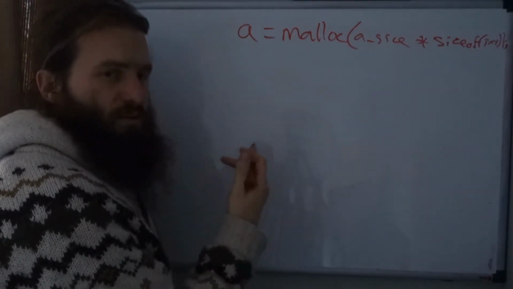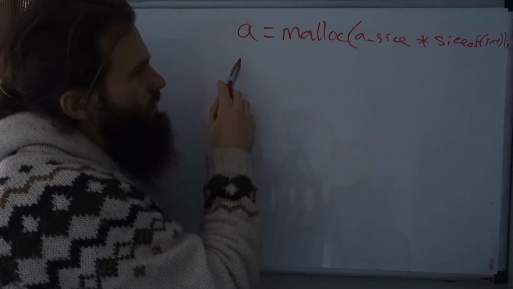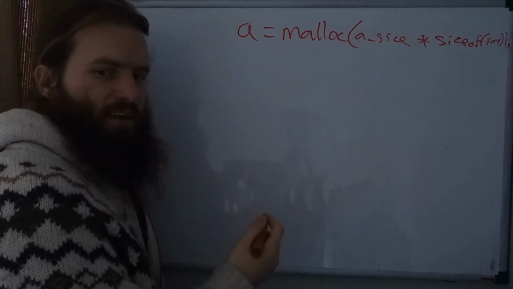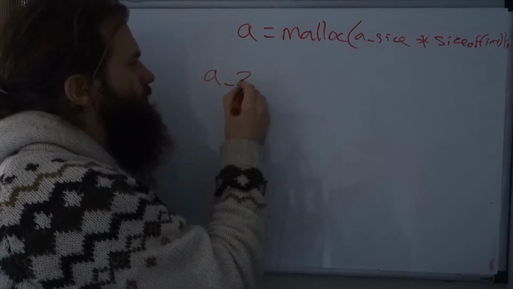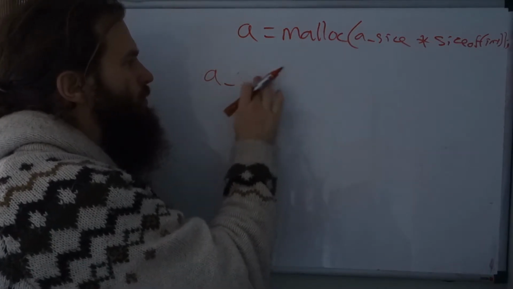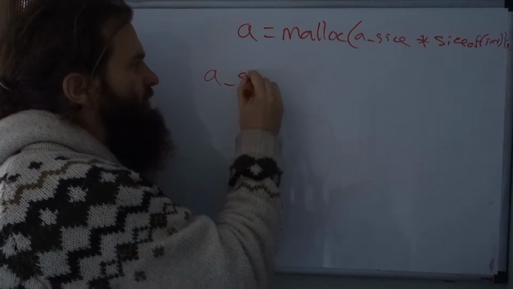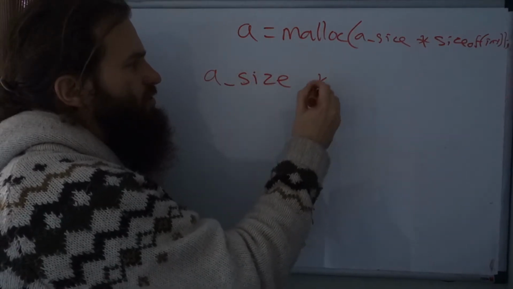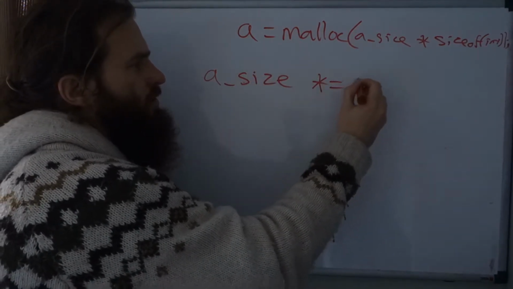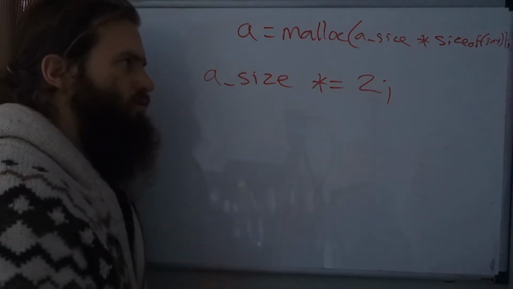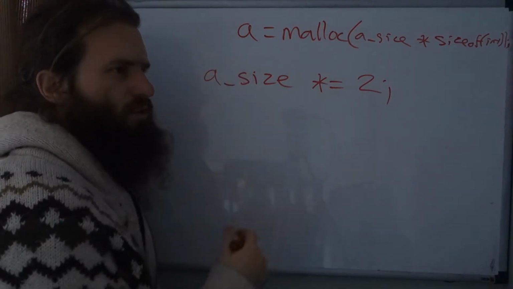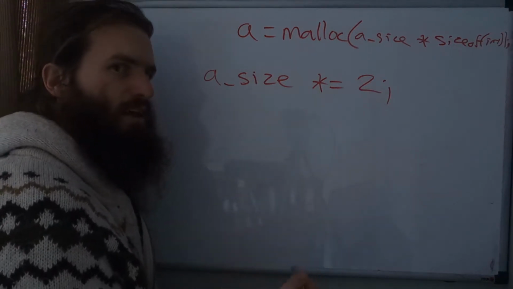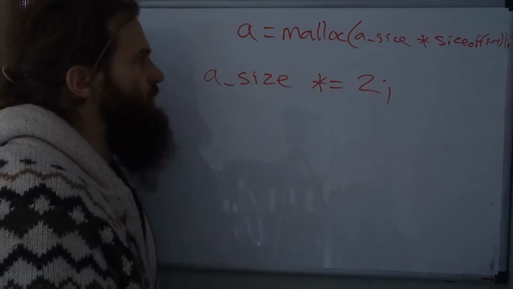Now we've got a pointer A. If we want to reallocate that with something bigger, so perhaps A size changes size. So it doubles. And we then want to make sure that A has space for twice as many elements.